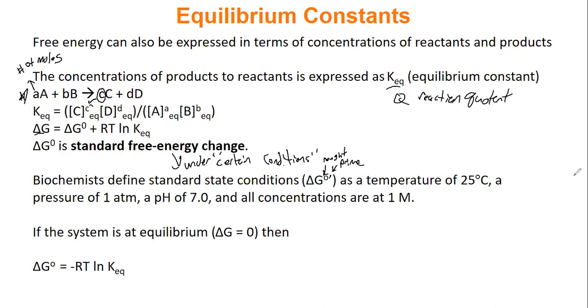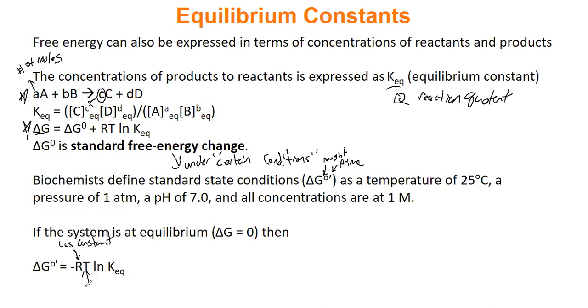Now going back to our delta G equation up here, if we're at equilibrium, then delta G is 0 based on the definition of delta G. Then we can solve for our standard state by saying delta G naught prime equals minus RT ln of KEQ. R is gas constant.